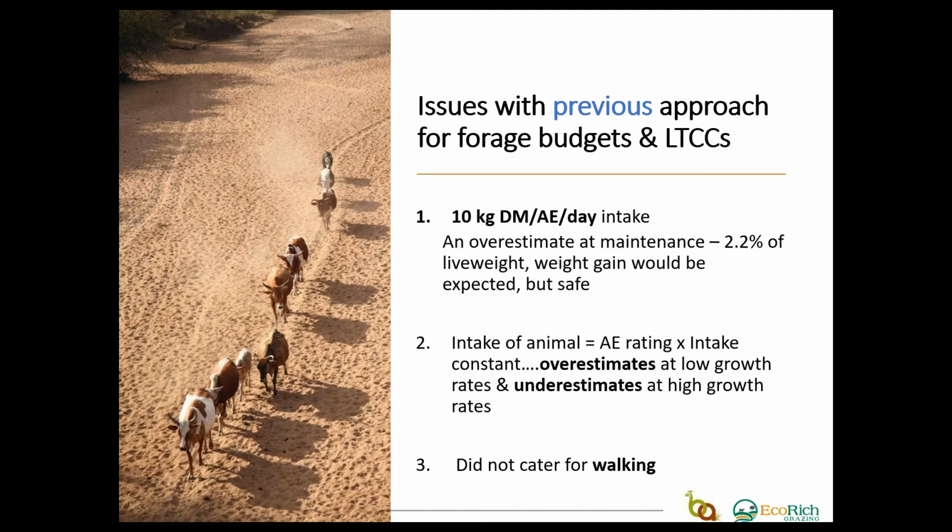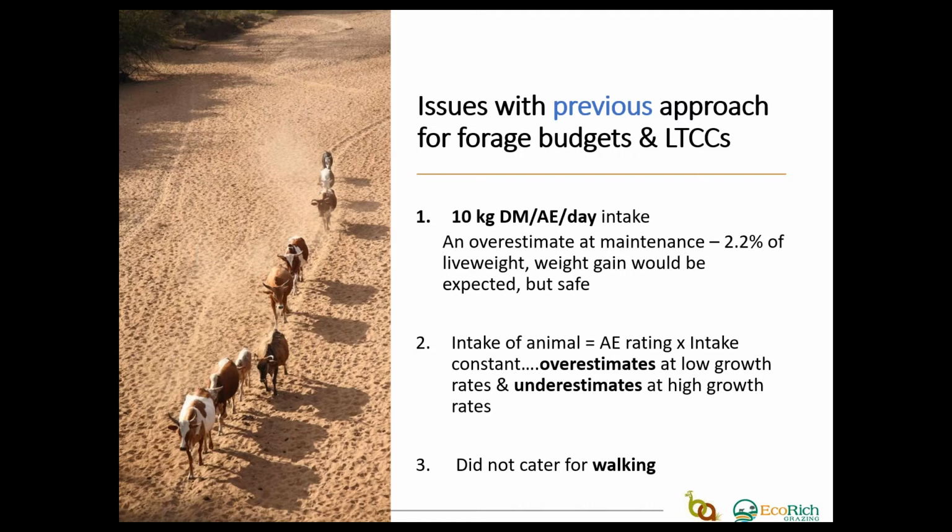Really, when you reflect on it, that's an overestimate for an animal at maintenance. It's 2.2% of live weight, and you'd expect there to be live weight gain at that level of intake. The point about it, though, was it was a safe level of intake, so that when we were doing forage budgets and long-term carrying capacities, we weren't overestimating what that paddock might carry.